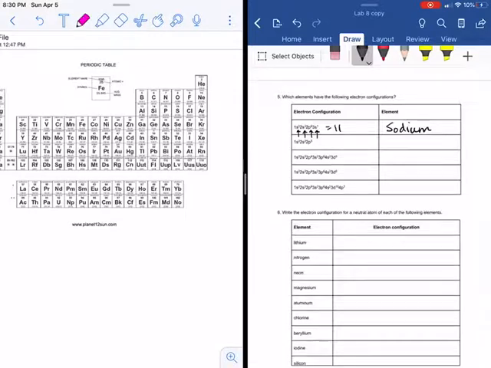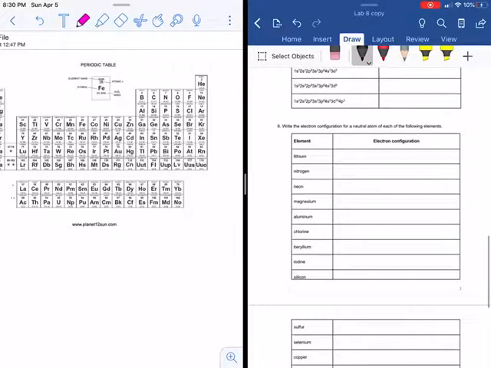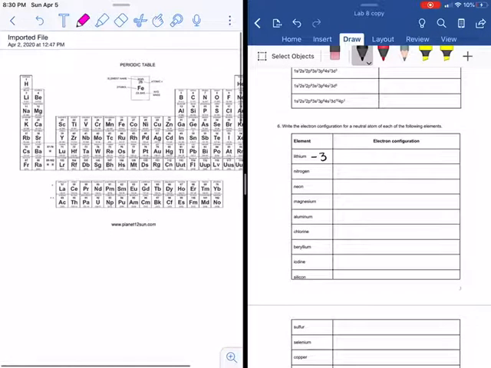Now for part 6, you actually have to do the electron configuration. For instance, lithium is number 3. I would go ahead and write what the atomic number is, because that helps you figure out what you need to add up to. And just remember, for electron configuration, you have to figure out what row you're on.